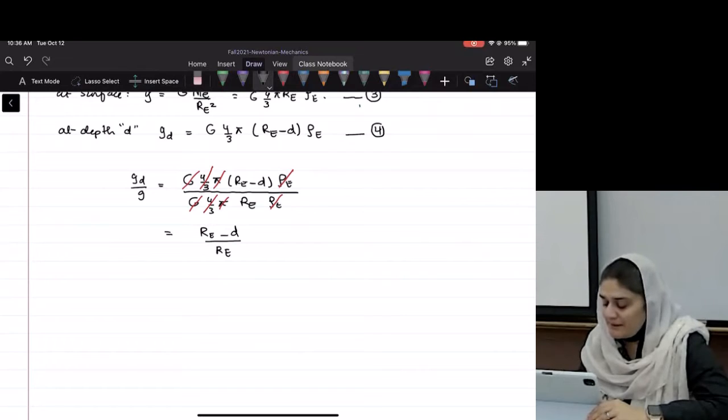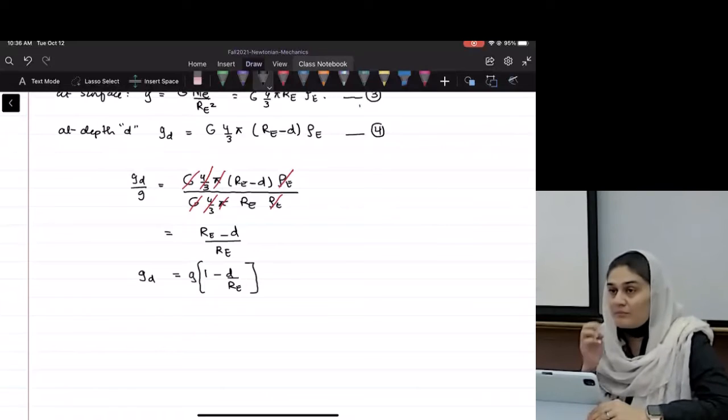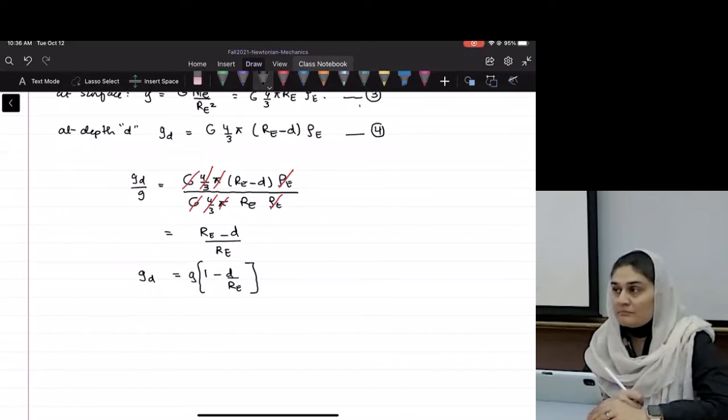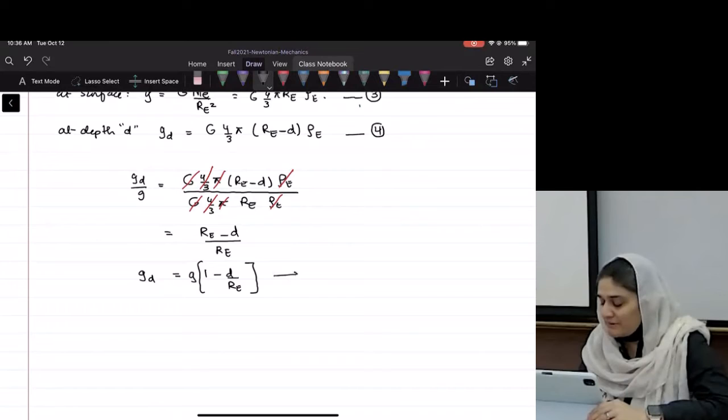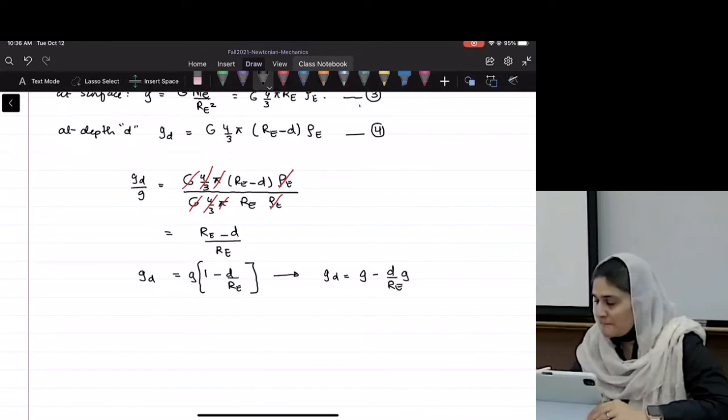Okay, may I rewrite this as 1 minus d over RE? And then may I rewrite this as g_d equals g times 1 minus d over RE?